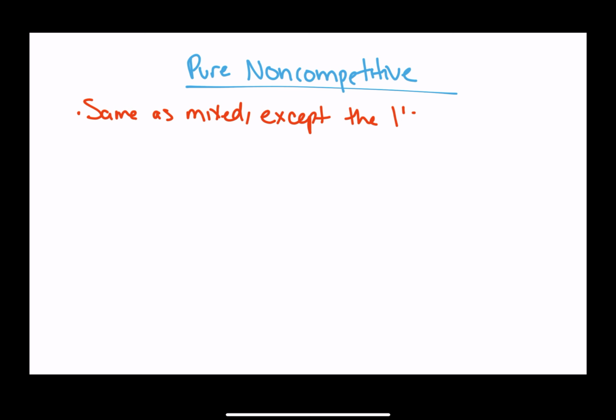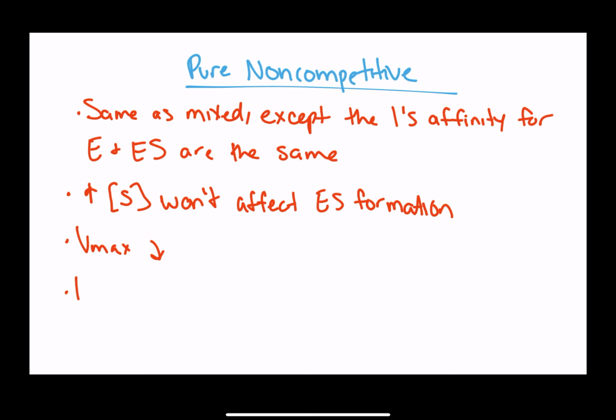So when the enzyme conformation is altered by the binding of that inhibitor, adding more substrate will not be conducive to forming the ES complex. Or in other words, adding more substrate won't affect ES formation, or the enzyme substrate complex formation.